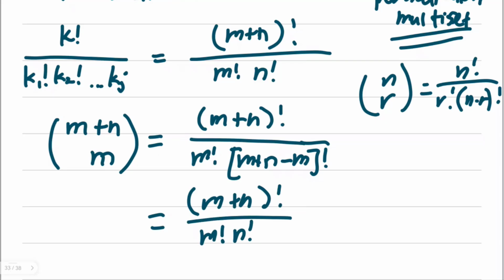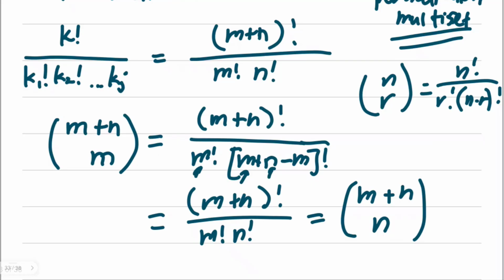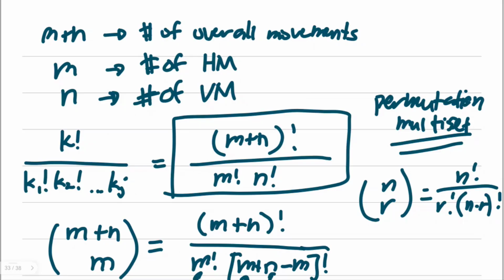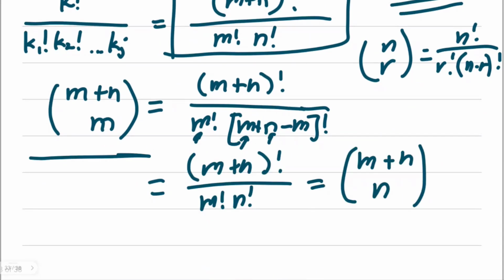This is still equivalent to M plus N taken N, because you will be changing this to N, and that's M here, so you'll have the same result. In short, the permutation multi-set of all the movements, horizontal and vertical, identified by ones and zeros earlier, is just equivalent to this combination here.